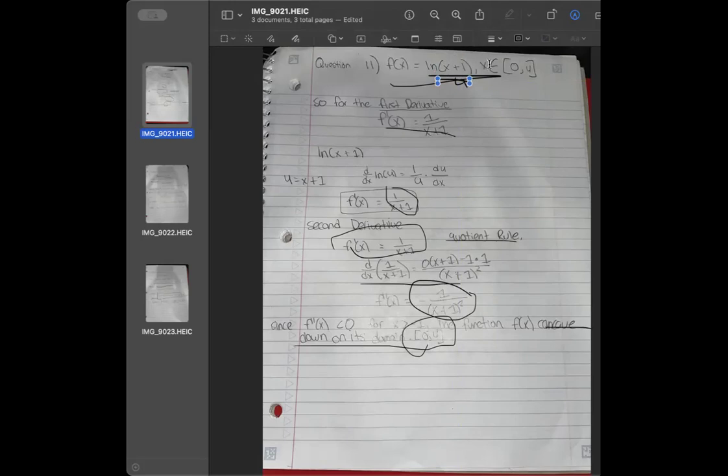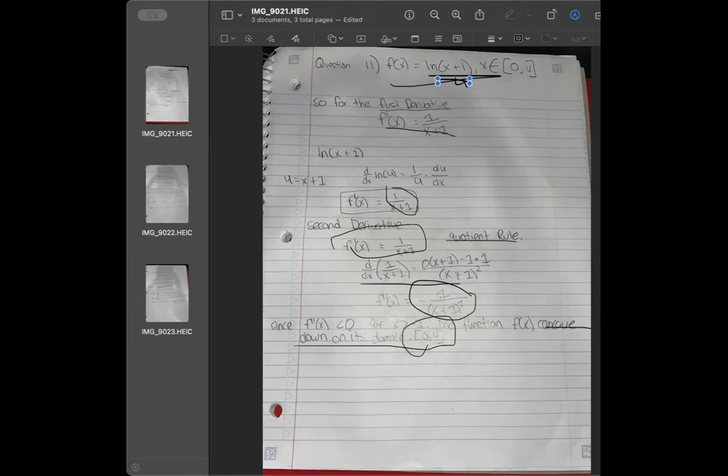When you plug in the 0, f of 0 is going to be 0. Anything times 0 is 0. And if you plug in the 4 for x, it's going to get you 1.609. Those are going to be the limits at those two points.